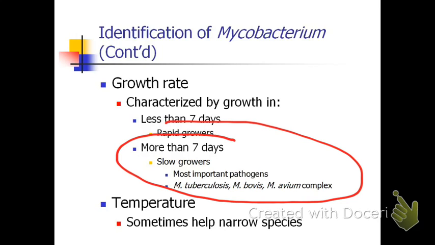These are important pathogens, including Mycobacterium tuberculosis, Mycobacterium bovis, and the Mycobacterium avium intracellulare complex. Temperature would also help narrow the species. Remember, Mycobacterium tuberculosis requires 37 degrees centigrade because they are mesophiles.